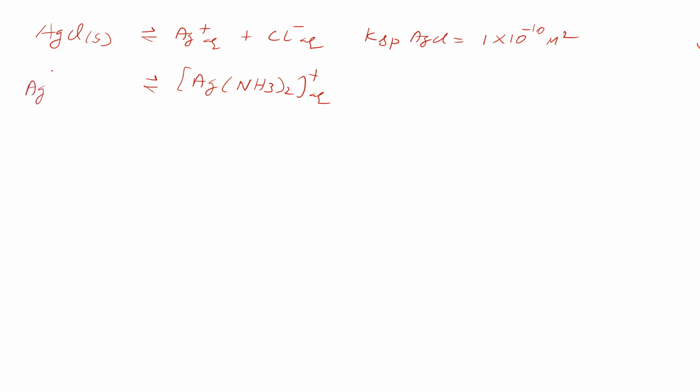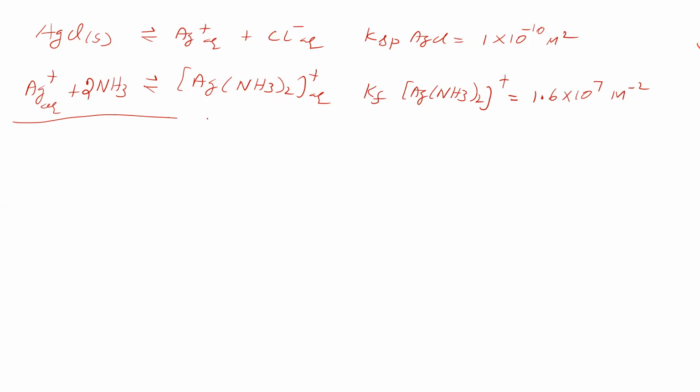Therefore, you write Ag+ aqueous. Here the bracket has NH3, that is called ammonia. You write NH3. Balance it. Keep 2. Okay. For this equilibrium constant, we can say formation constant of complex, that value is 1.6 into 10 to the power of 7 molar power minus 2.